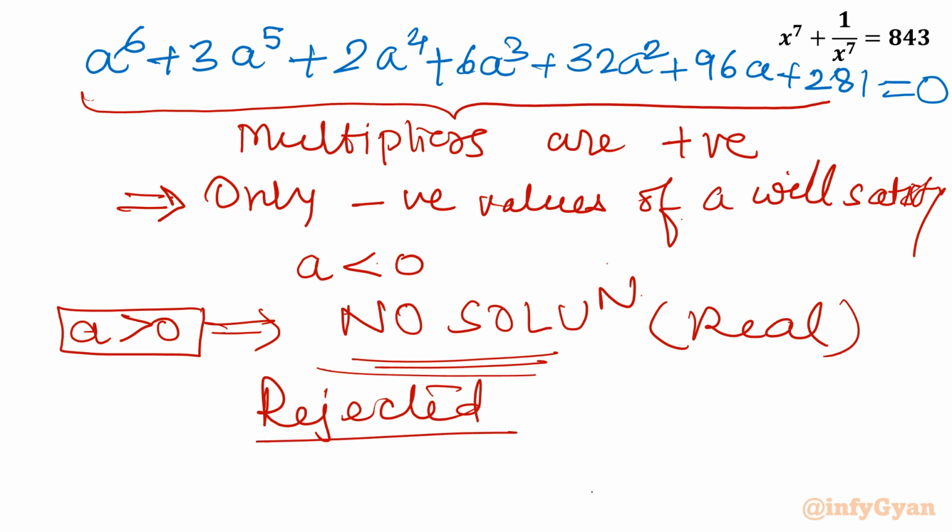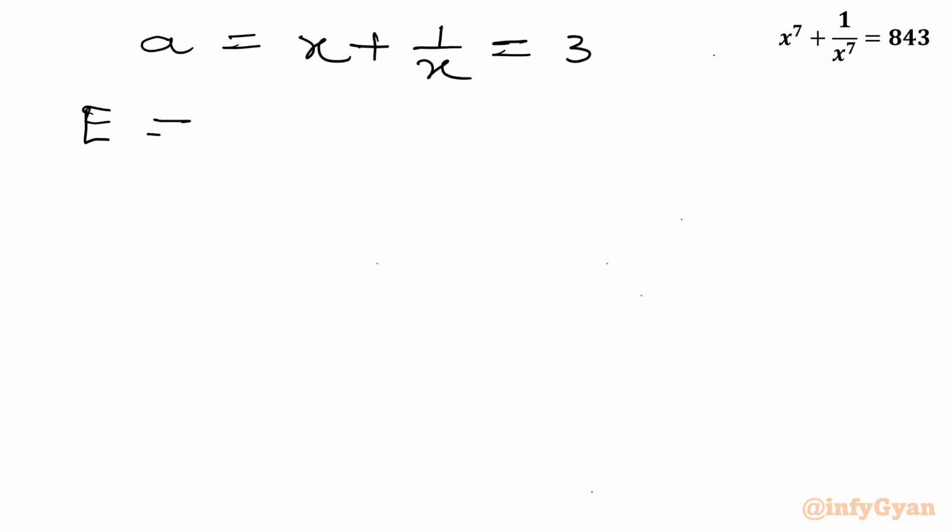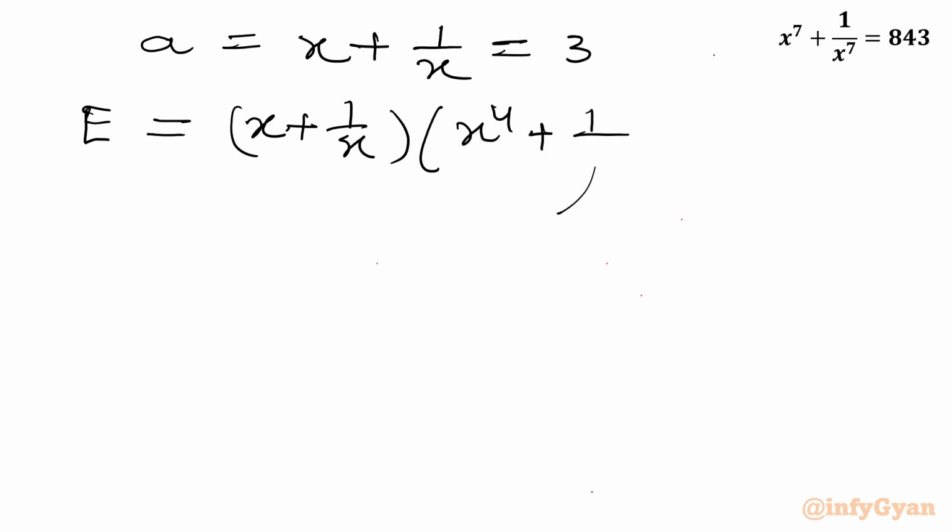So which is the accepted value of a? It is a equal to 3. What was a? A was x plus 1 over x. So I will write a equal to x plus 1 over x equal to 3. Now our expression which we were calculating, that was x plus 1 over x times x power 4 plus 1 over x power 4.